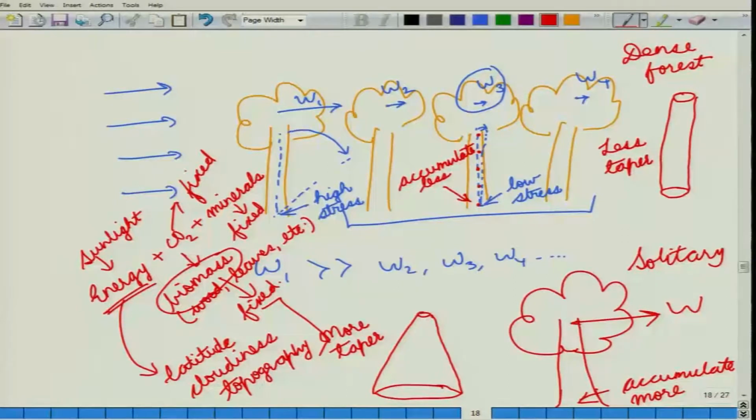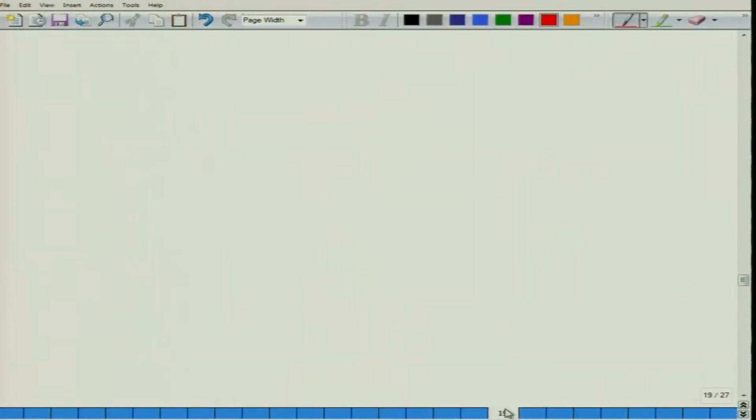So, now if a tree has to distribute that biomass, suppose we consider a biomass B. Now, suppose a tree has to deposit lots of biomass here at the bottom.